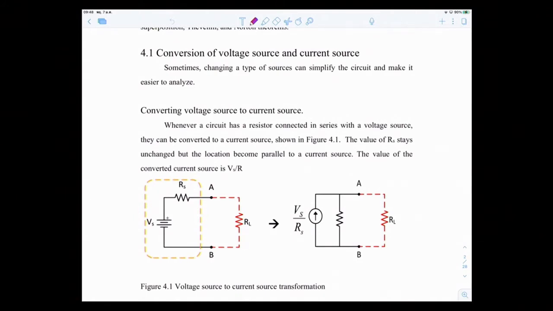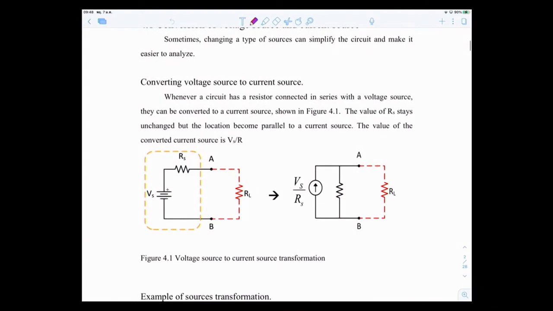To do that, if you want to convert the voltage source to a current source, you have to spot in your circuit a voltage source connected in series with a resistor, Rs in this case.